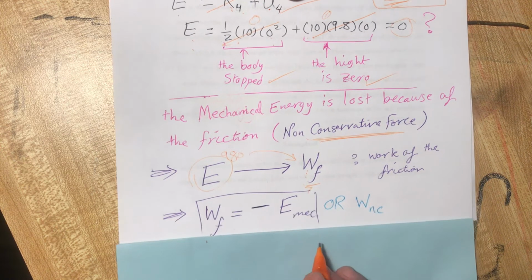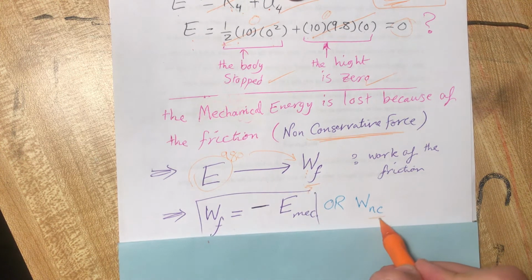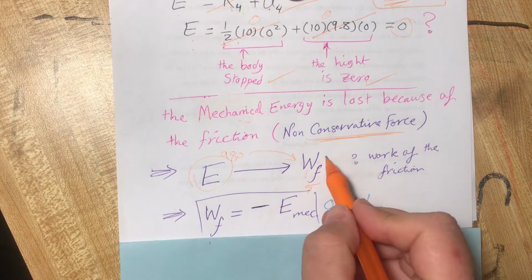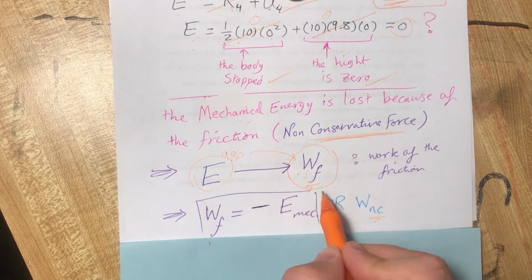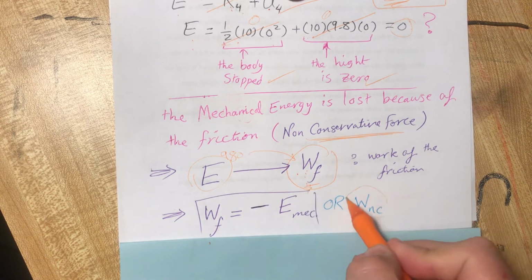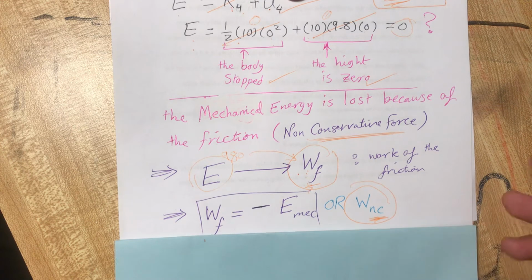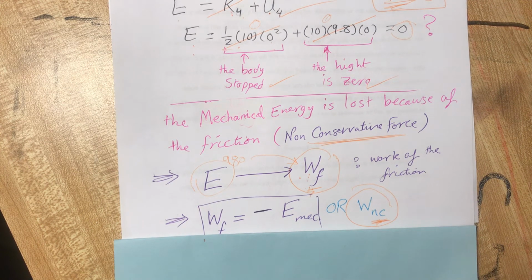Friction force, which is non-conservative. You can write W for work due to friction force, or work in general due to non-conservative forces. Maybe a friction of a surface, or a friction as a resistance of air or water or something like that.